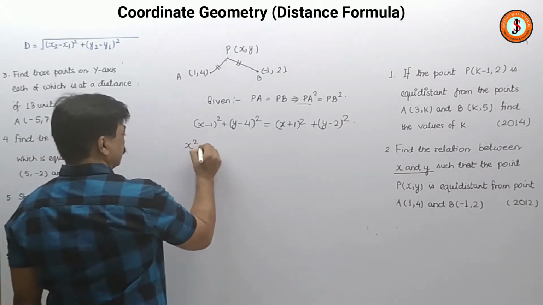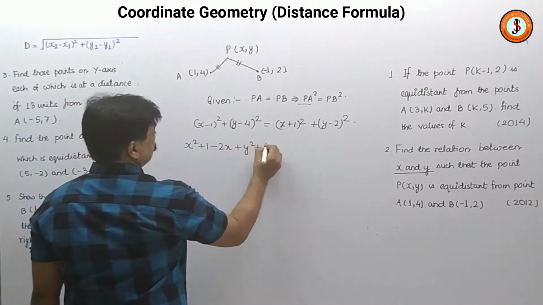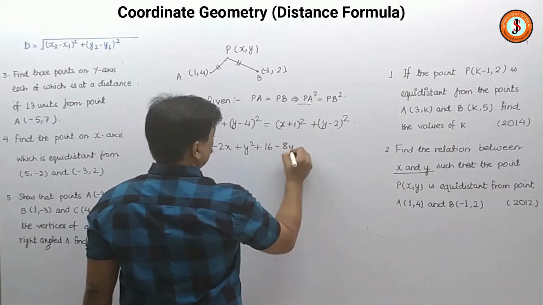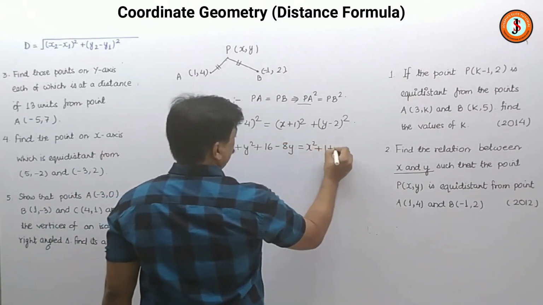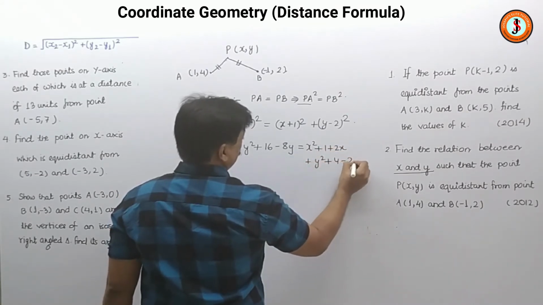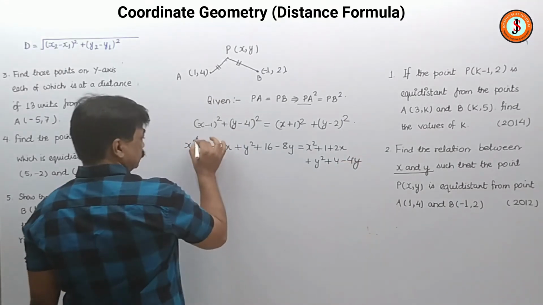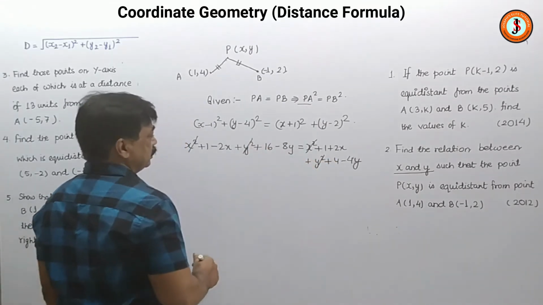Using a square plus b square minus 2ab on the left and a square plus b square plus 2ab on the right. Now let us see, x square is cancelled on both sides, y square is cancelled.